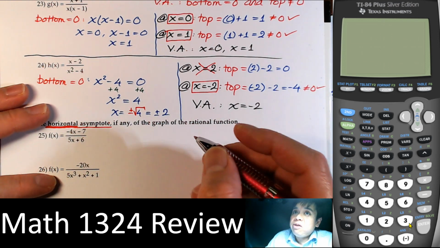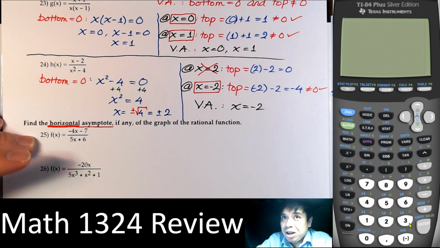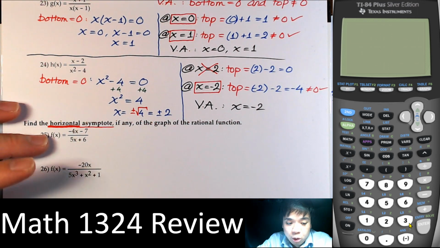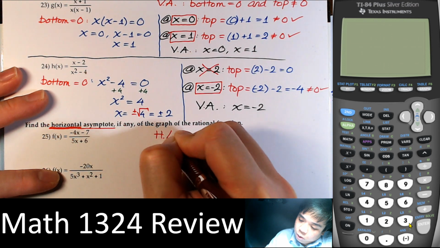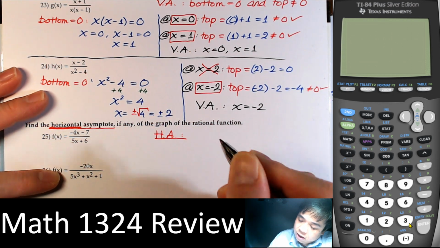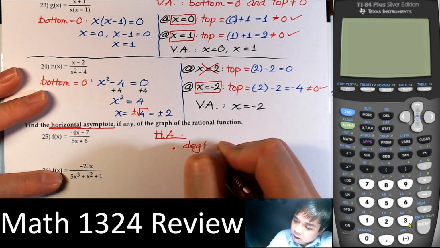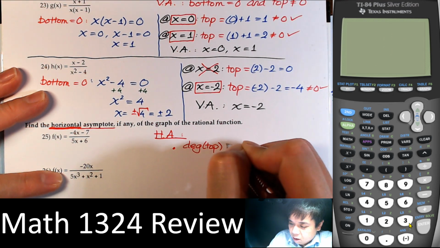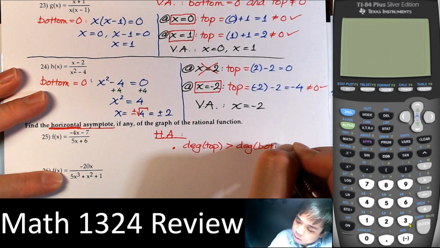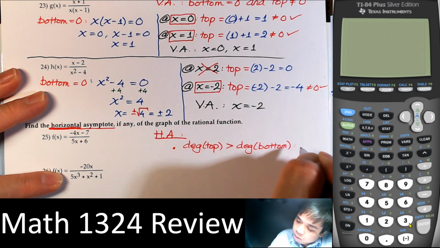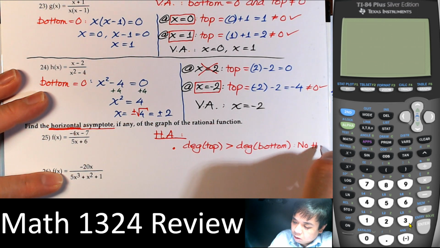Just write three different cases for the rational function where we have a polynomial on the top and bottom. So the horizontal asymptote, we have three cases based on the degree. If degree on top is bigger than degree at the bottom, there will be no horizontal asymptote.